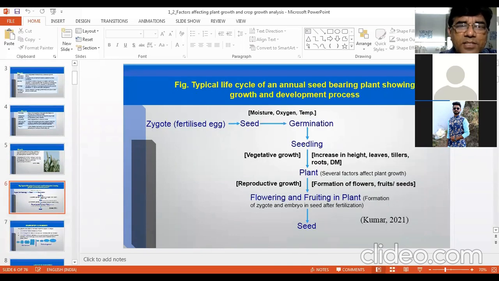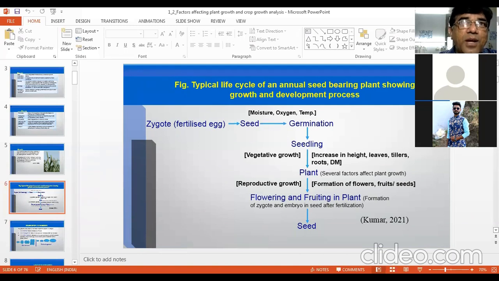Now you see, this is a flow chart or diagram, the typical life cycle of an annual seed bearing plant showing growth and development process. This picture is made to help you understand the difference in development and also the factors that influence growth and development. Life starts for an annual plant with the zygote.